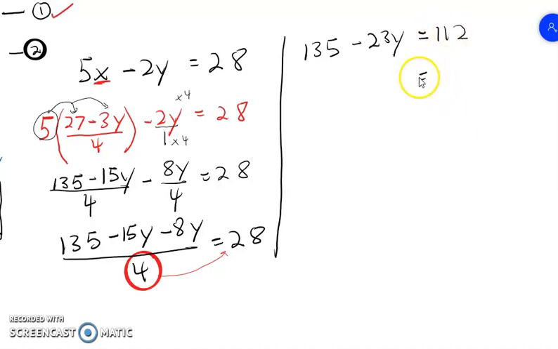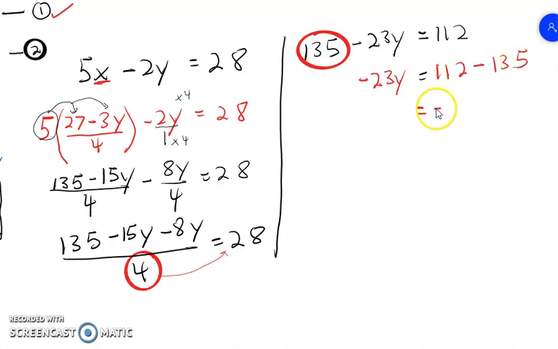Now this 135 will move to the opposite side and become minus 135, and here you remain with the negative 23y. Then we subtract this, and you'll be getting negative 23y.